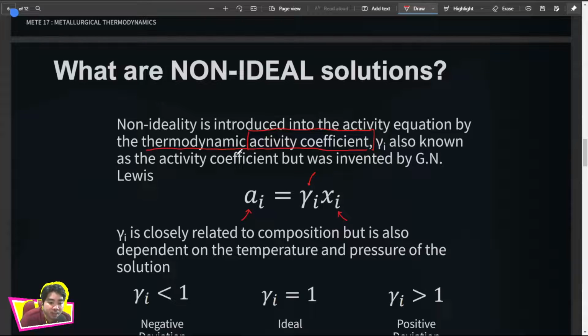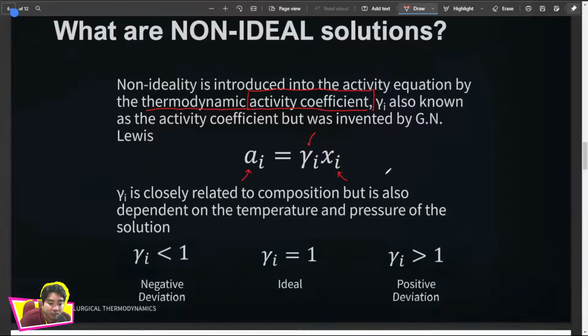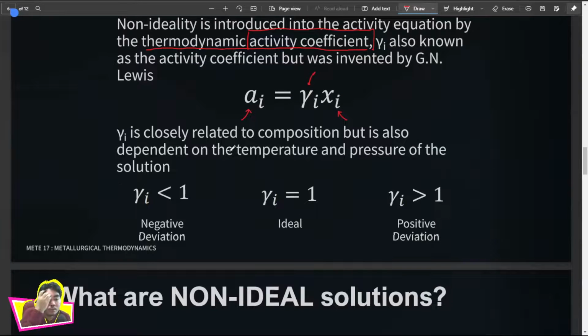And this was introduced by G. N. Lewis. Okay? So the activity coefficient is closely related to the composition, and it is also dependent on the temperature and pressure. So with different conditions of temperature and pressure, this activity coefficient will also change.